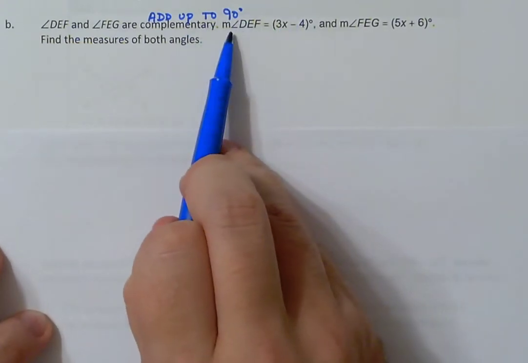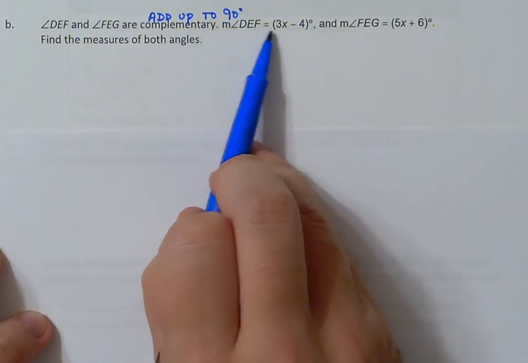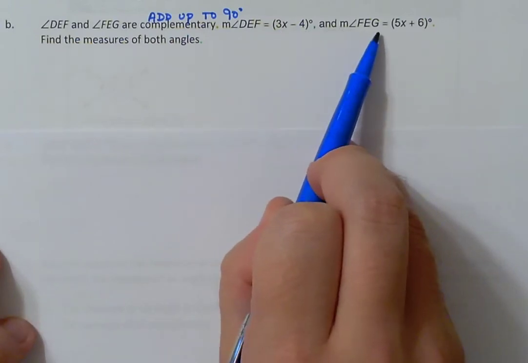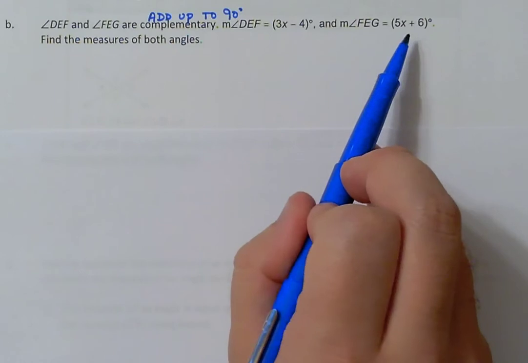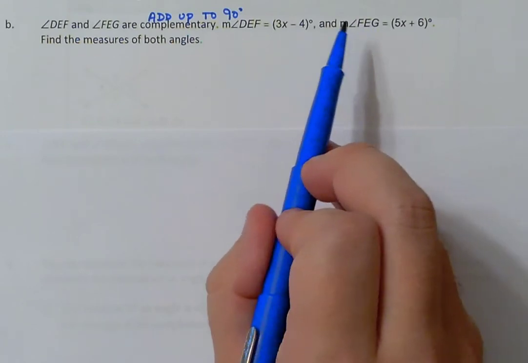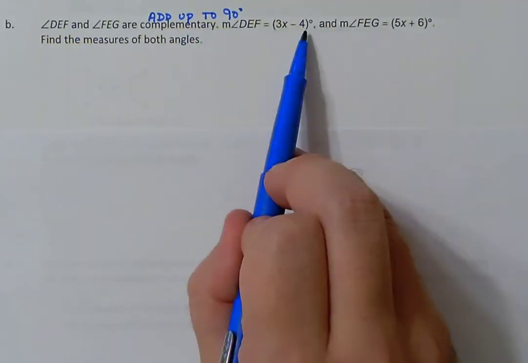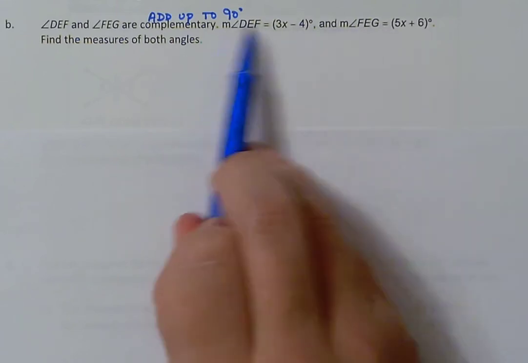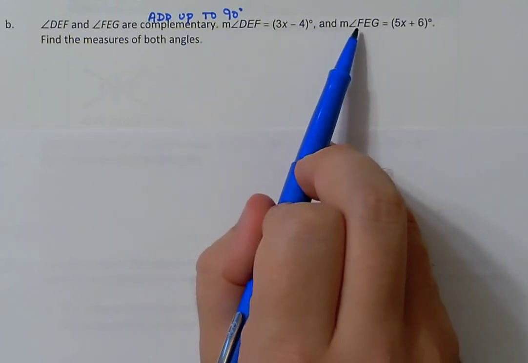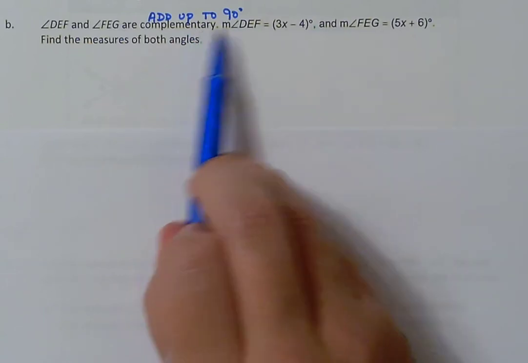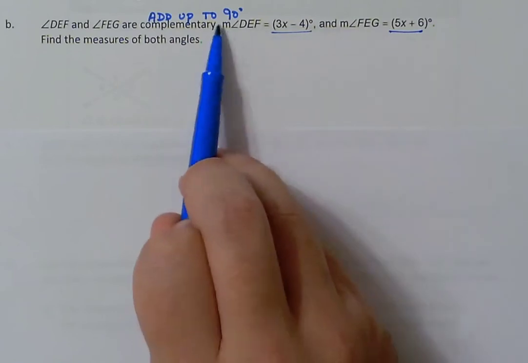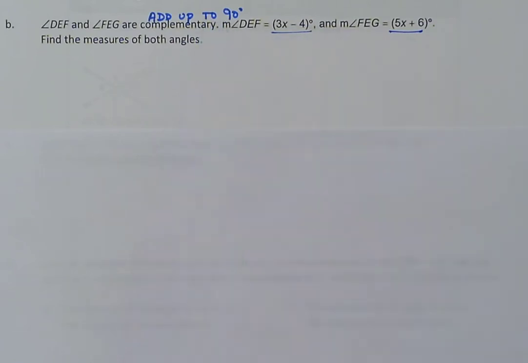Now, the measure of angle DEF equals 3x minus 4, and the measure of FEG is 5x plus 6. So what this problem is telling me is that these two expressions are the measure for these angles, and that these angles are complementary. Complementary means that they add up to be 90, so this plus this is going to equal 90 degrees.